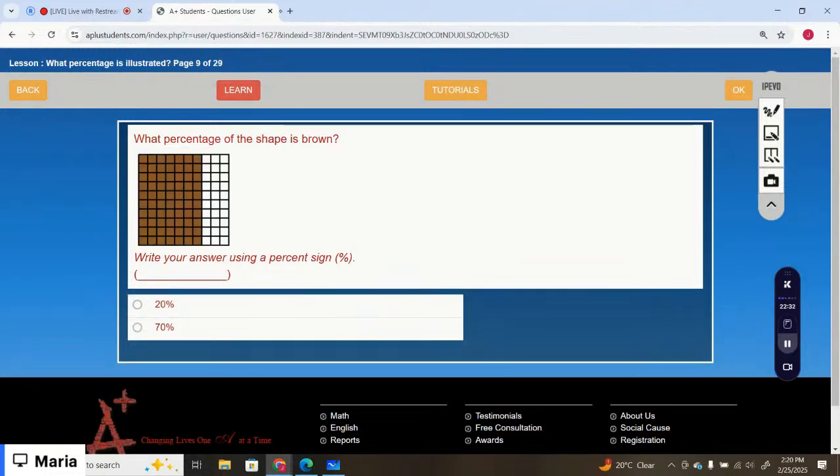What percentage of the shape is brown? That is 70%. Option number two is the correct option.